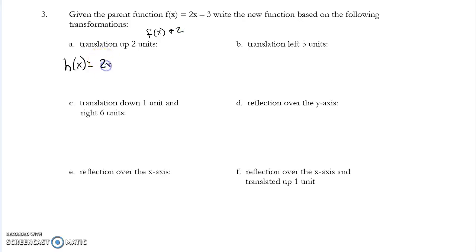So I get 2x minus 3, that's f of x, plus 2. Now I don't need the parentheses anymore because I was just adding, and I have to combine my like terms. h of x is going to be equal to 2x minus 1. That is a translation up 2 units.